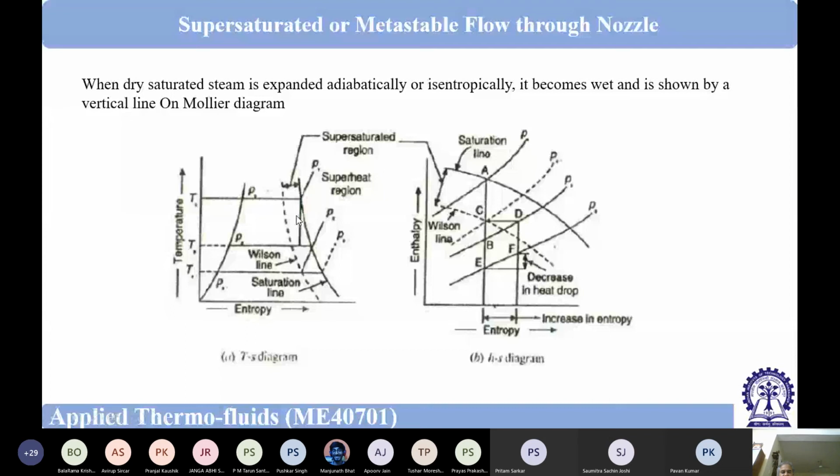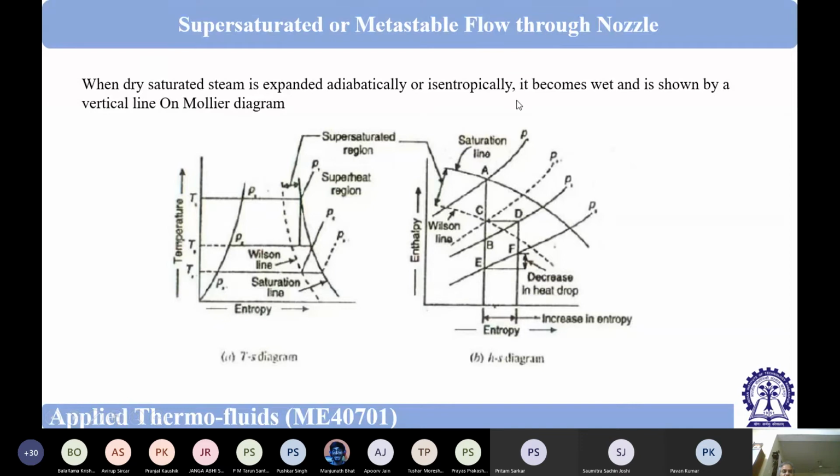But as I have shown, steam can go to the supersonic velocity range also. When the steam expansion is very fast, the steam enters the two-phase dome, but no condensation starts. So this is called a metastable phase.